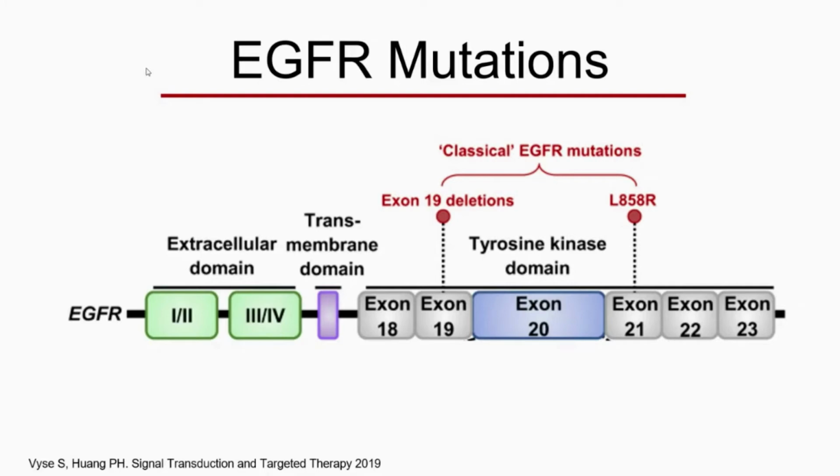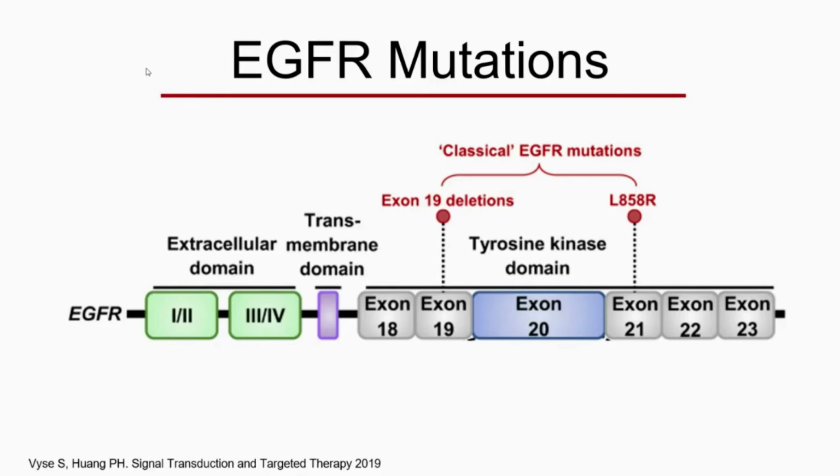But one of the reasons it's been challenging is that, if we go back to our baseball glove analogy, the pocket that the EGFR exon 20 mutations form is so similar to the normal EGFR pocket that if you develop a potent drug to target it, it's also targeting normal and it's leading to intolerable side effects. So that's been the challenge of exon 20: it's a chemistry problem of developing drugs that can uniquely bind in the pocket while sparing the wild type.